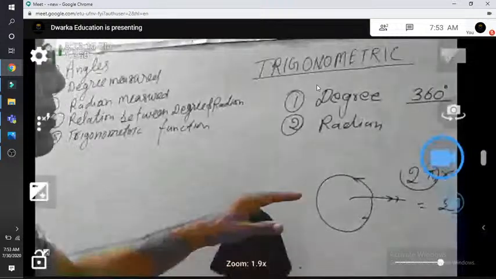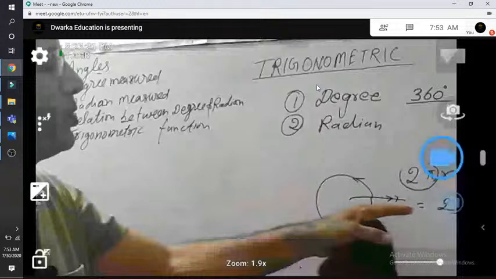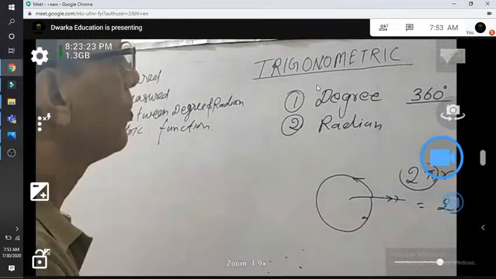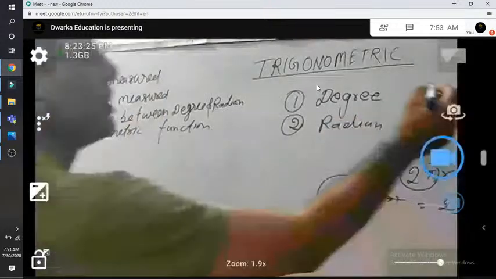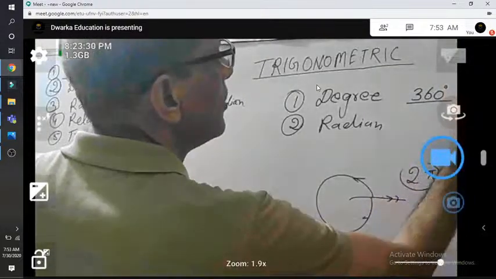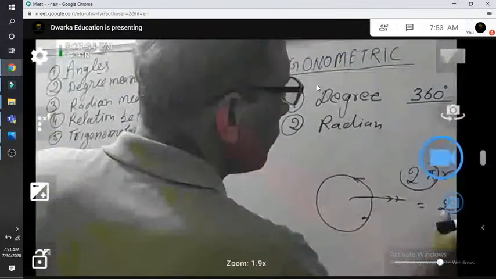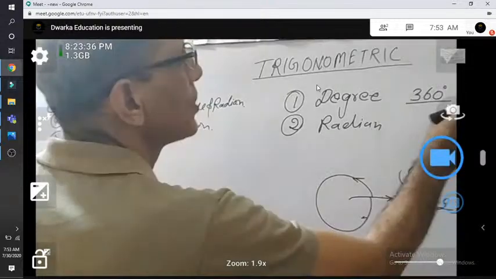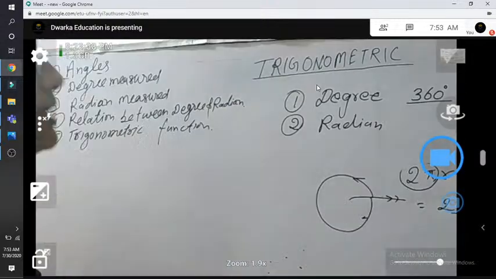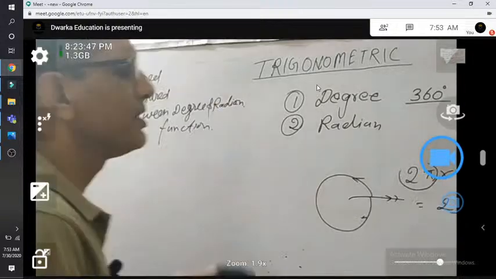This is important to know that one complete cycle has 2 pi radian. Now this is a complete circle, one cycle, and this is also one cycle. Both are 2 pi radian, equal to 360 degrees. This is the relation between radian and degree. But this is all very simple.